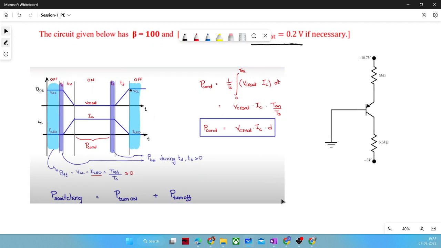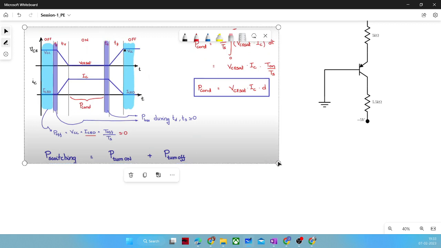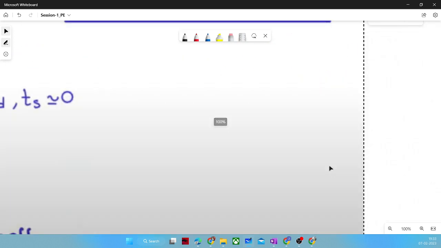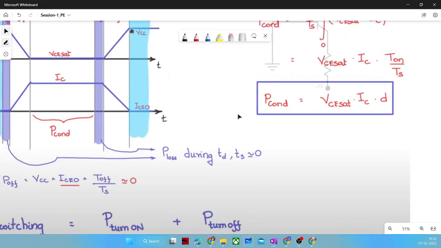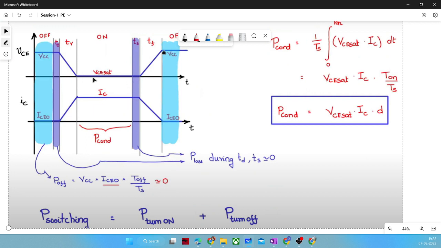You can see from these waveforms that VCE SAT, when the switch is on and conducting, the drop across the device is generally VCE SAT and it is very low. When a transistor is considered ideal, it will have a voltage drop of zero, right? But obviously it won't be ideal. It is a practical transistor. So the drop across the switch in saturation region is VCE SAT.